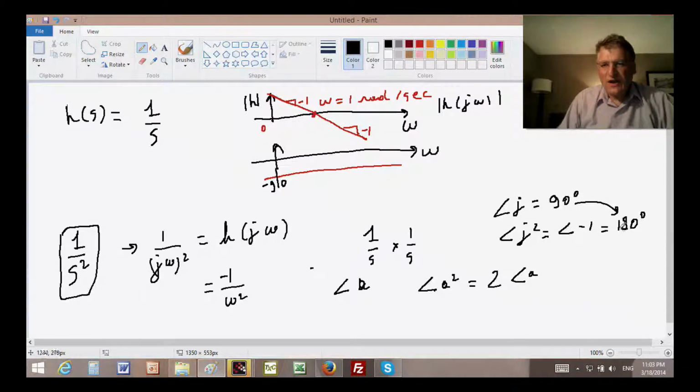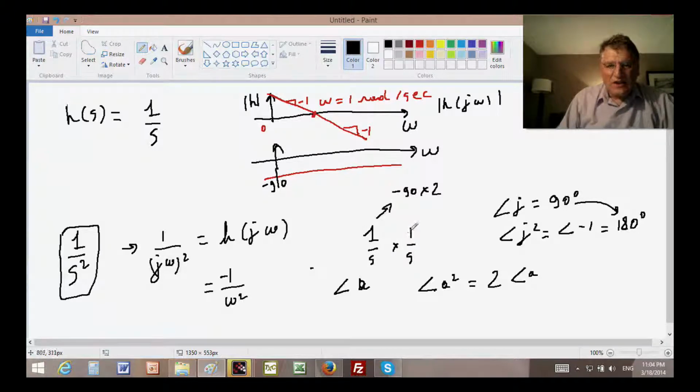Okay? So you have these things that happen. So what does that mean? That means the phase of 1 over s squared, we can look at it, of course, as just minus 180, but more importantly, you can see it as minus 90 degrees multiplied by 2.